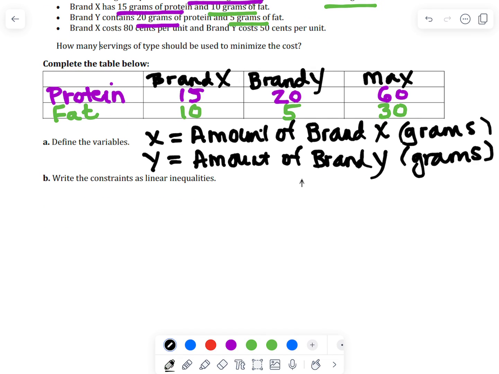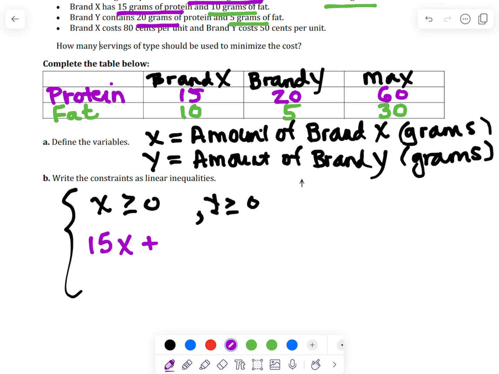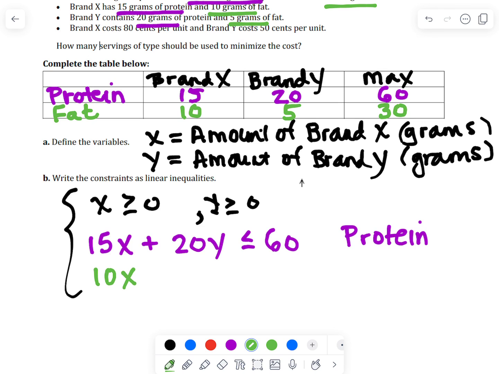Now, just like previous examples, you can't have a negative amount of brand X or brand Y. So that pushes it to the first quadrant. Then we have the constraint for the protein, 15x plus 20y less than or equal to 60. That's the protein restriction. And then we have the fat restriction, 10x plus 5y less than or equal to 30.